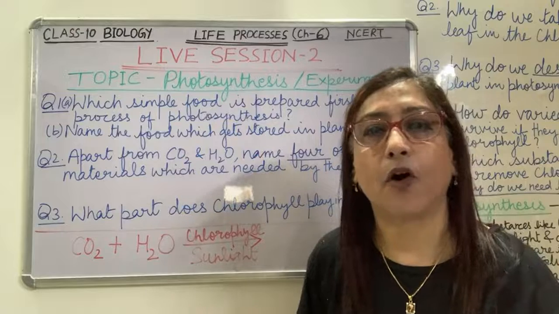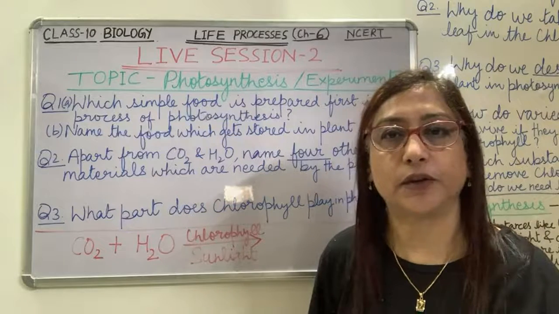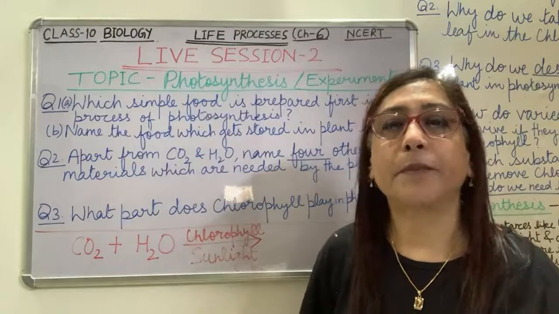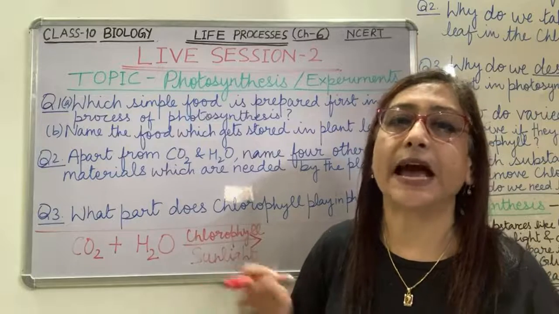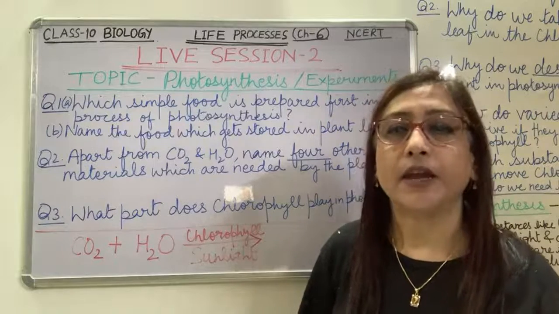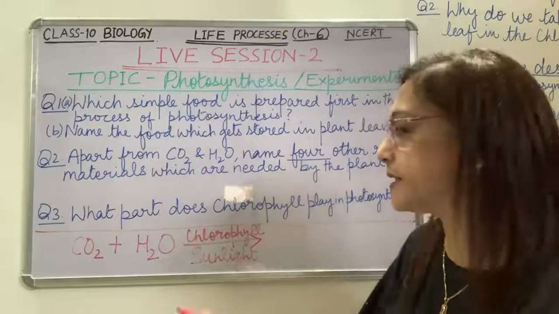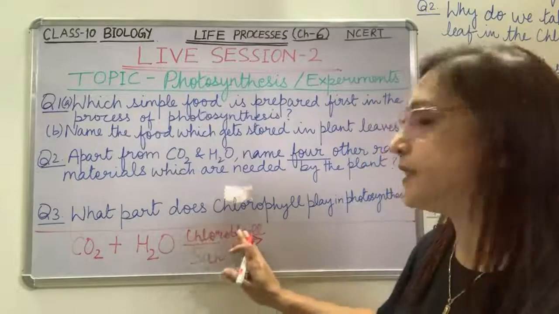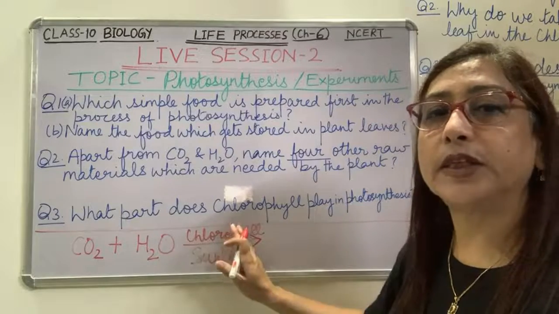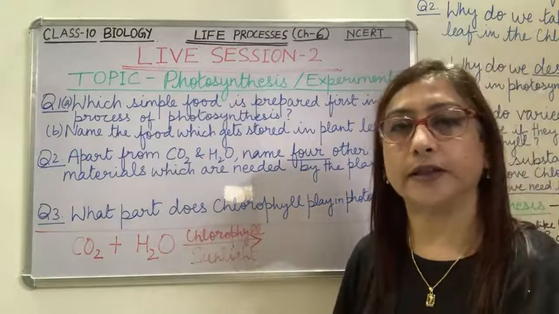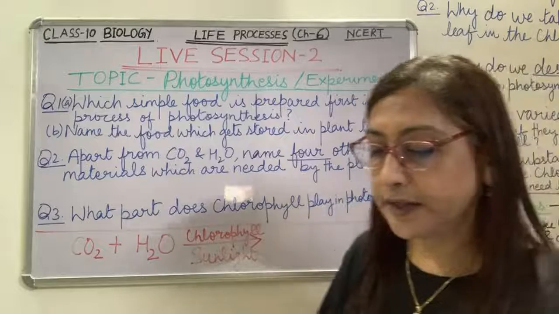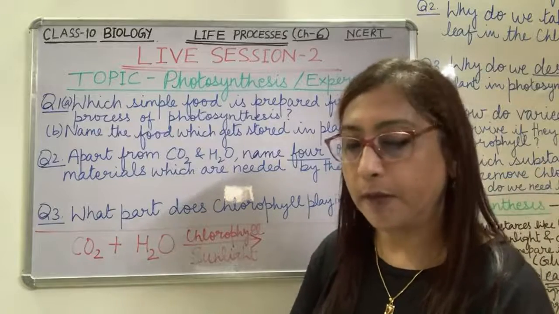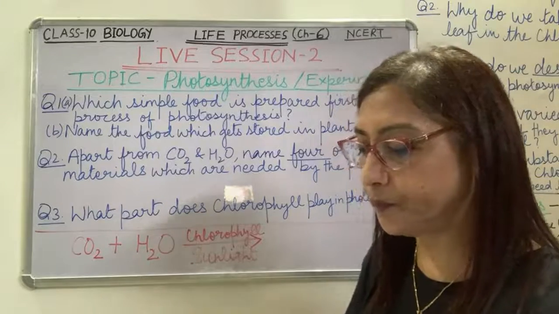Photosynthesis is a type of autotrophic nutrition where plants prepare their own food inside their own body using the raw materials, carbon dioxide and water, and in the presence of sunlight with the help of chlorophyll.